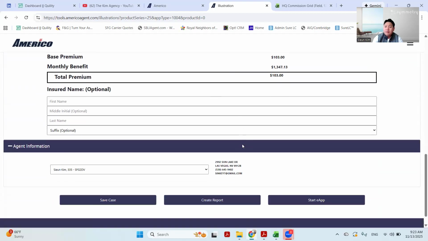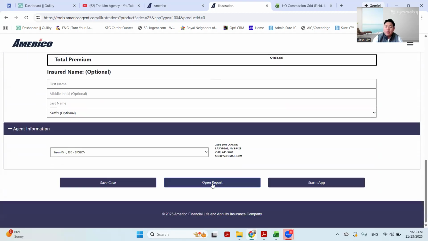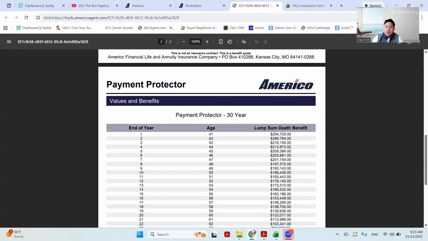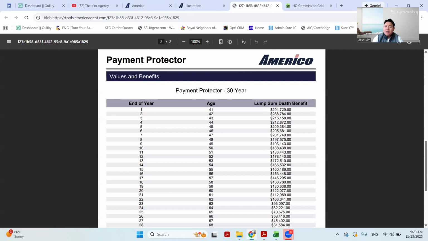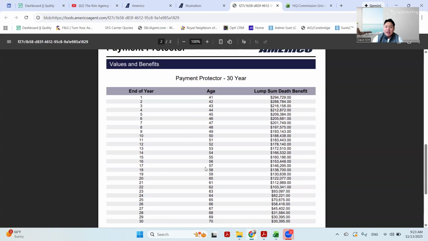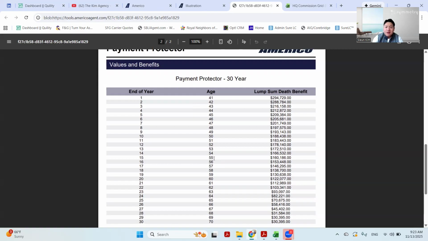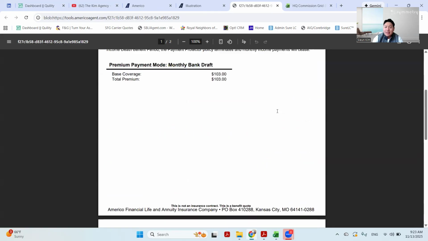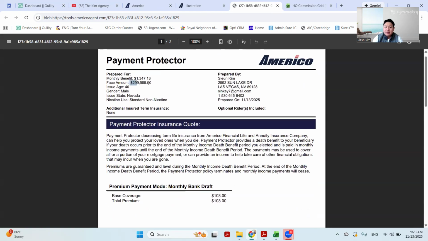Pretty good. If I go create report and open report, it's going to show you how much lump sum they'll pay out at how many years into your policy, or what age you are at. So if the client was around 55 years old when the client passed away, the amount that they'll pay out is 160,000, not $299,000 as it started.